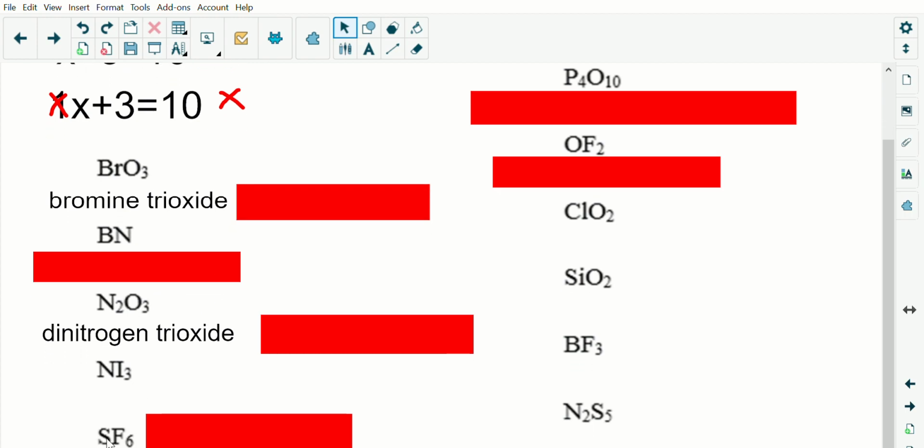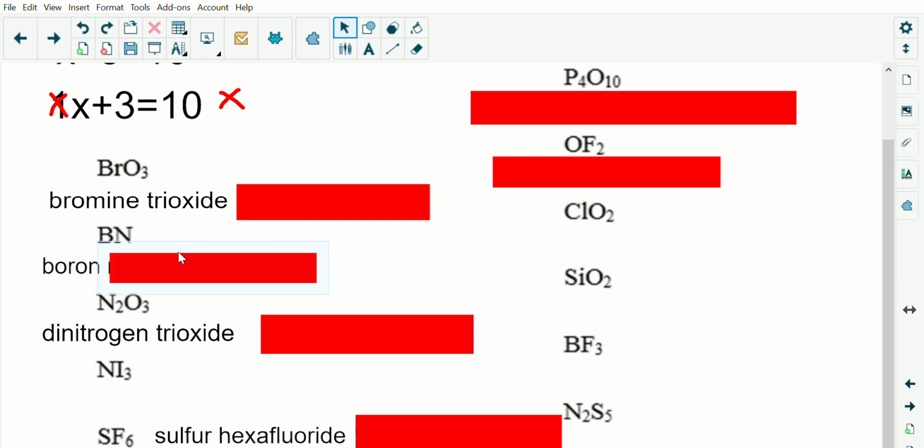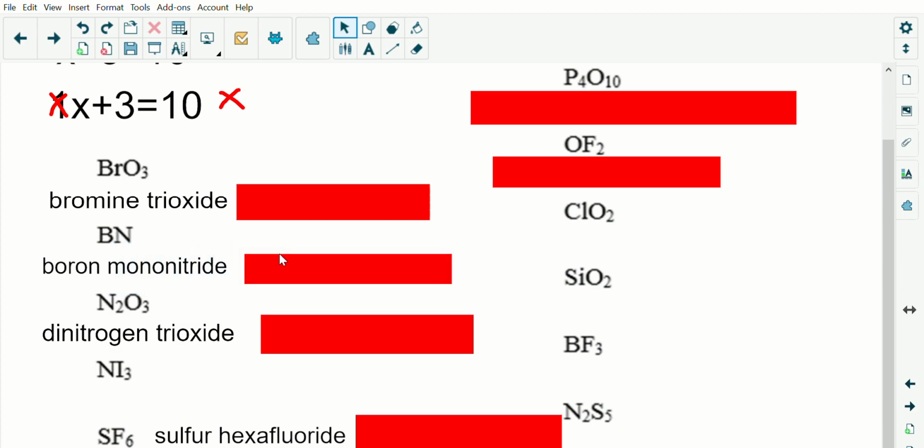This one, that's sulfur. We don't put the 1, so it's just sulfur. 6 is hexa, and then fluoride, again ending with ide. This one, it's just 1 B and 1 N. Again, we're not going to start with 1, but we can put the 1 after the second one, so this would be mononitride.